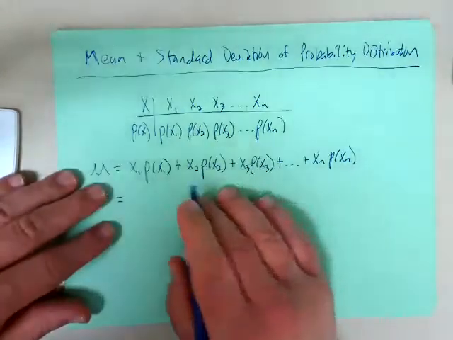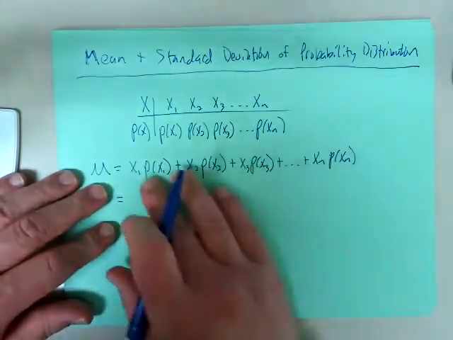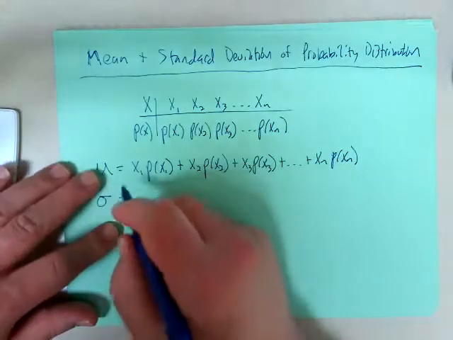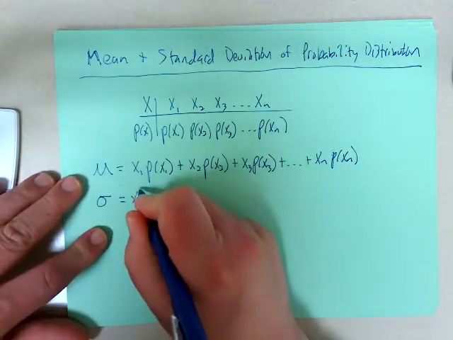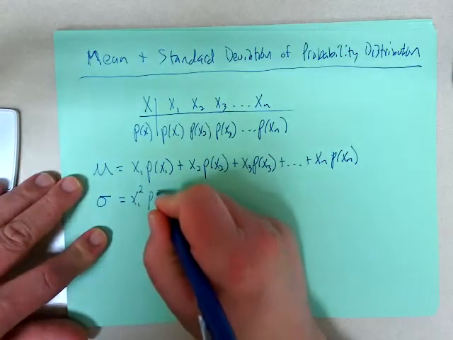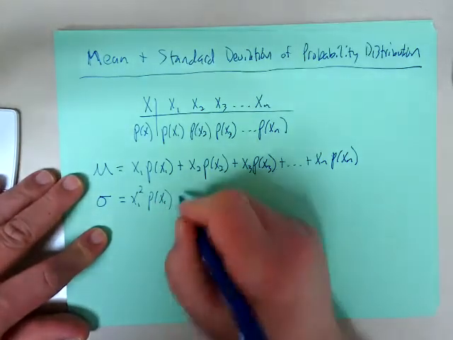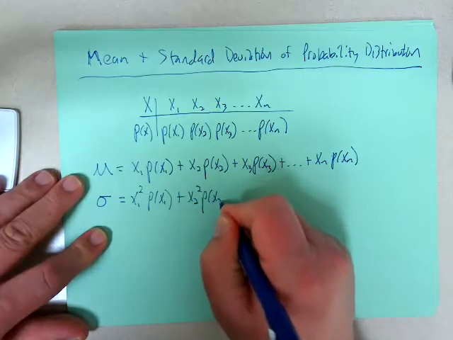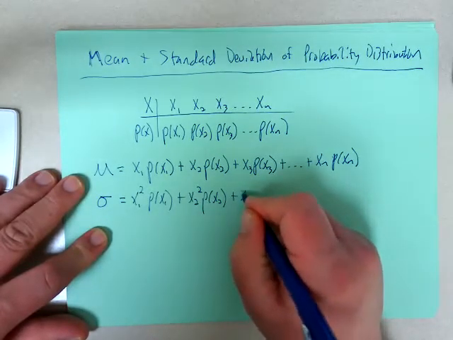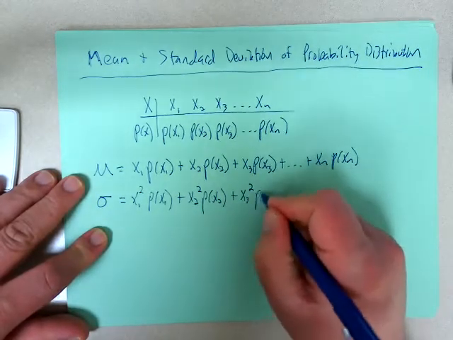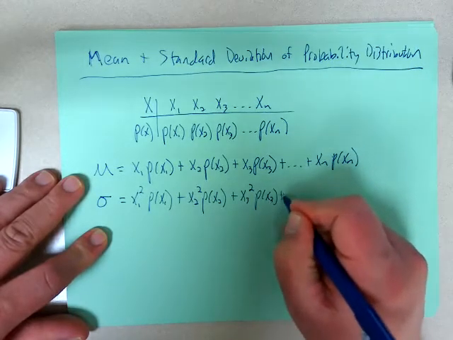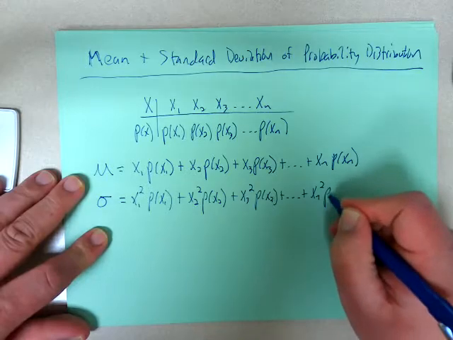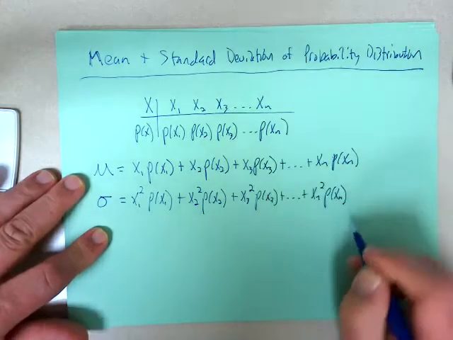What you're going to do is kind of like this to begin with, except each of the values is squared before you multiply by the probability. So it'd be x of 1 squared times the probability of x of 1, x of 2 squared times the probability of x of 2, x of 3 squared times the probability of x of 3, and you keep going till you get to x of n squared times the probability of x of n.